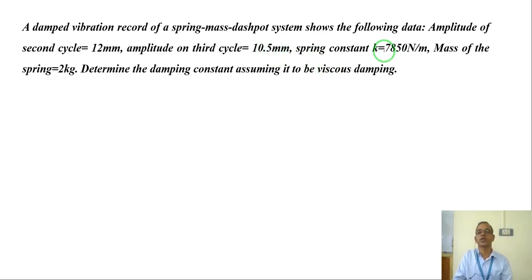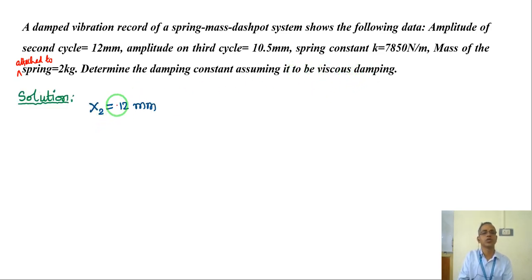And the spring constant, which is stiffness, is 7850 Newton per meter. The mass attached to spring is 2 kg. Determine the damping constant, that is C, assuming it to be viscous damping.